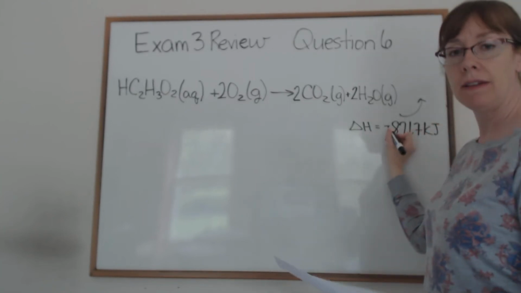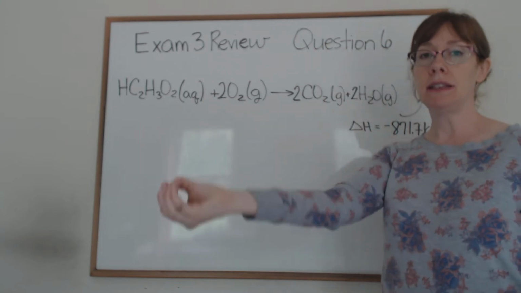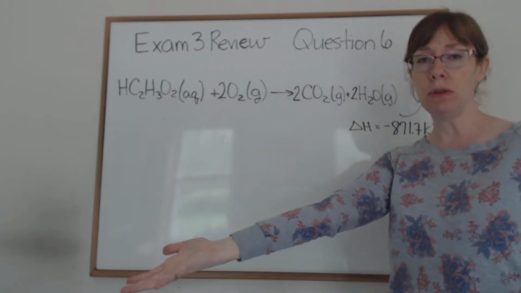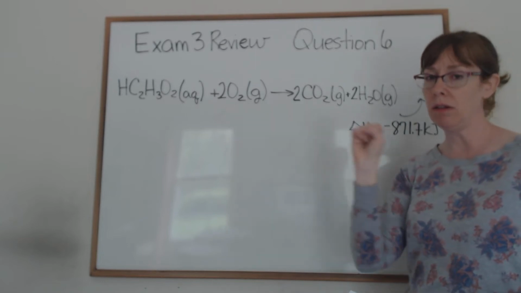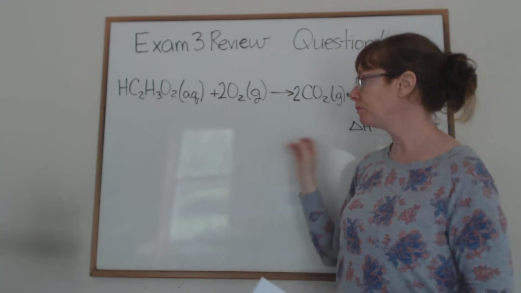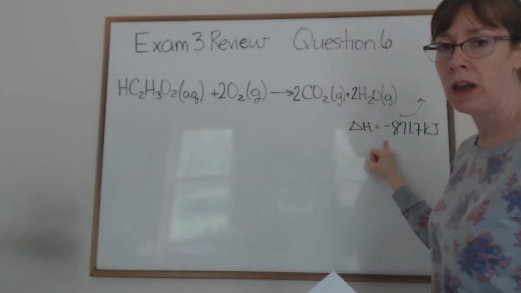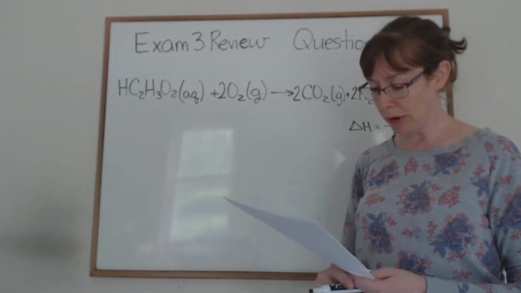Now, why did I choose a negative number even though it wasn't written in here? Because of the wording. It said that it released heat. It's telling me that this is an exothermic reaction, which, by the way, all combustion reactions release heat. Anything you've ever burned, hopefully you felt heat coming out of that thing, and it's true for any combustion reaction. And that is the amount of heat you would get from a mole of acetic acid burning.